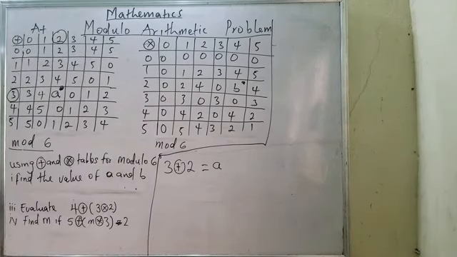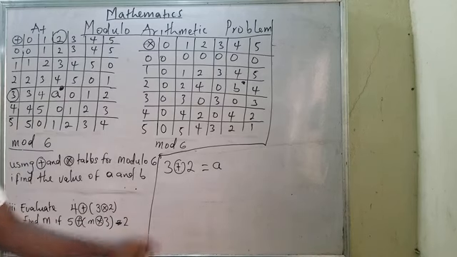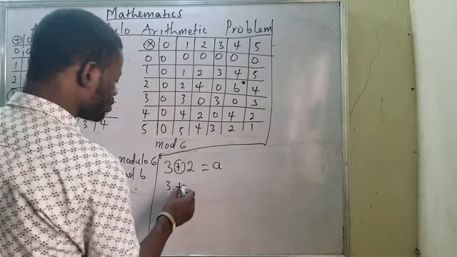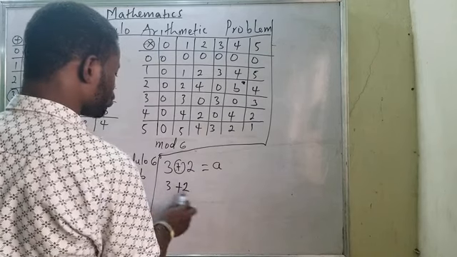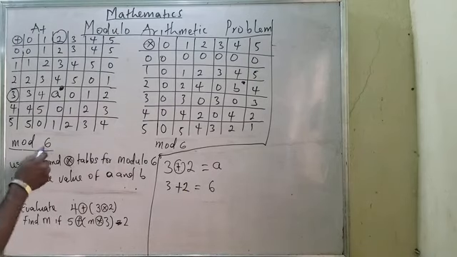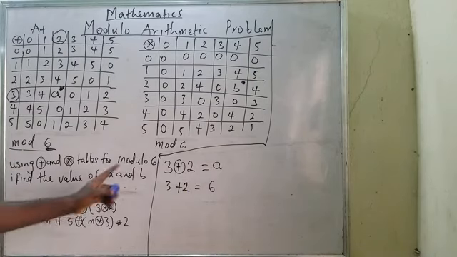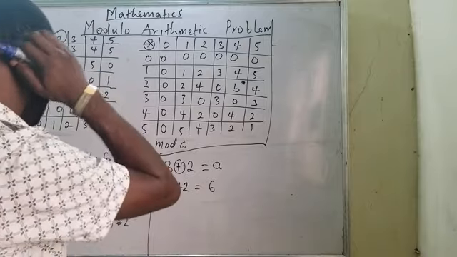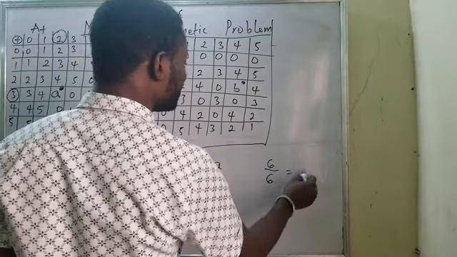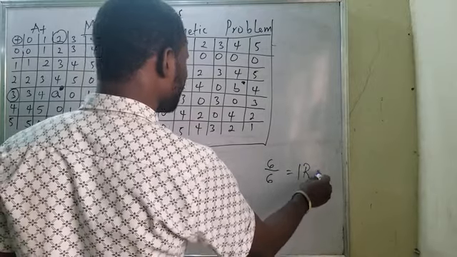Now, 2 plus 3, which is the definition because it's an addition. 3 plus 2 gives us 6. Is the 6 up to the modulus? Yes, it's up to, because I'm working modulo 6. I can't write 6, so my A can never be 6. 6 divided by 6 gives 1 time, remainder 0.